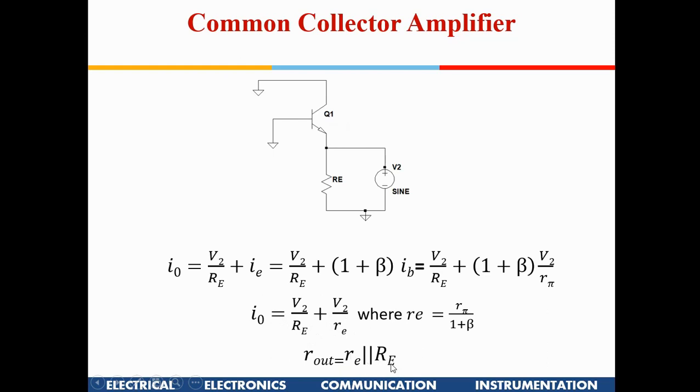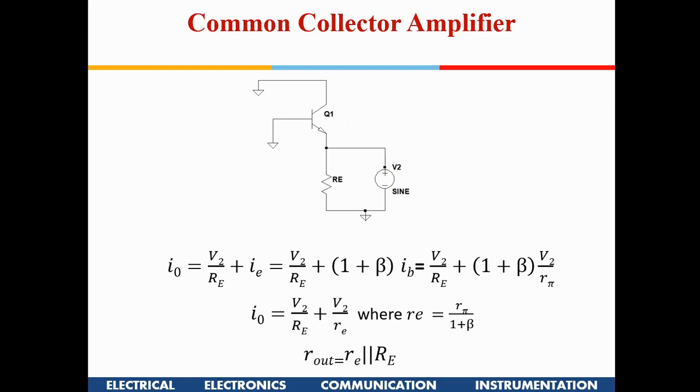This is the output resistance, and it is very low. R pi is in the range of 2 kilo ohms to 10 kilo ohms, whereas beta is from 100 to 200, so you'll find this comes in ohms. That is why we say it has a low output impedance, and low output impedance allows us to drive low loads.